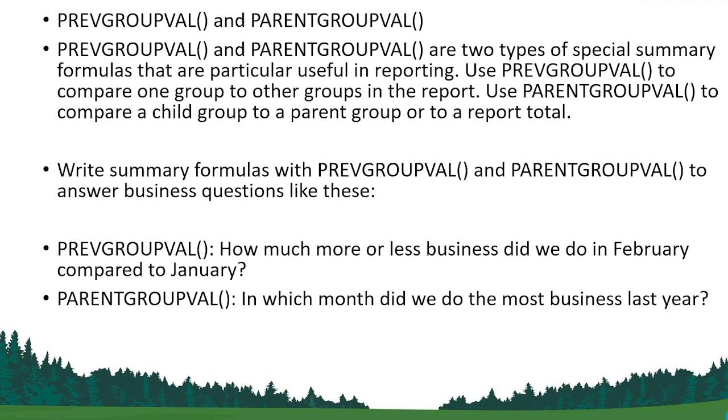We are using the previous group value to compare one group to another group in the report. You are using the parent group value to compare a child group to a parent group or to a total of the report. We can write the summary formula with the help of the previous group value or the parent group value to answer different business questions.